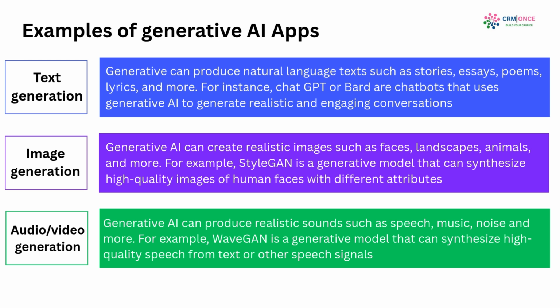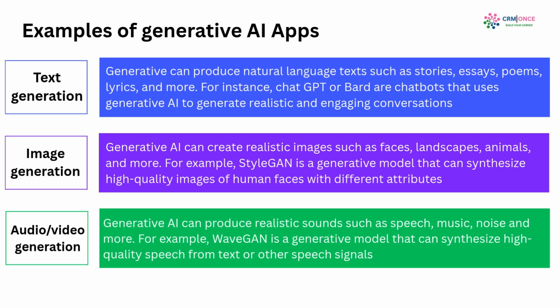Text generation: tools like ChatGPT or Bard can produce realistic text including stories, dialogues, and code explanations. Image generation: tools like StyleGAN generate high-quality visual content: faces, art, product designs.